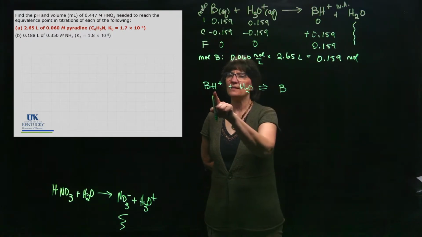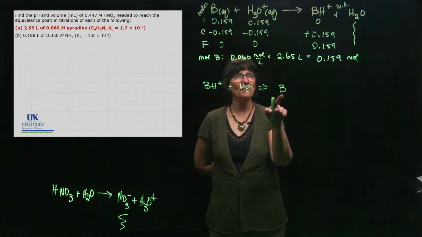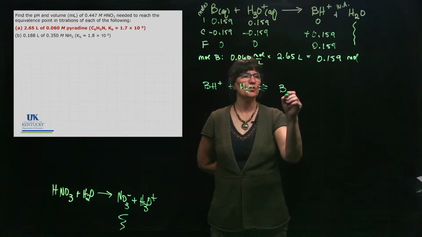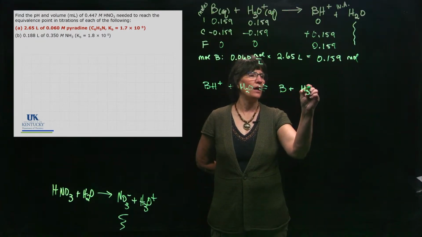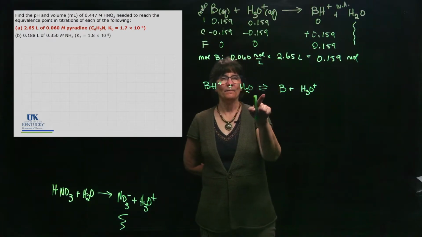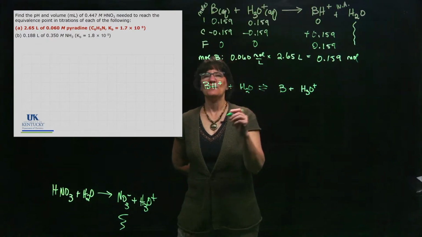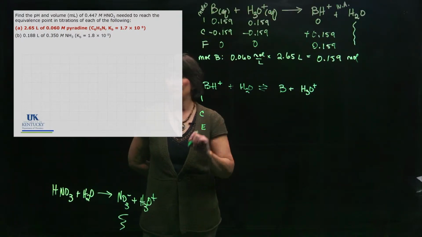If the acid donates an H+ to the water, we're back to just having some B. So we've reformed some of this B that we had completely consumed earlier, and the H2O becomes H3O+. That's what acids do. And if they're weak, they do it with an equilibrium. If it's an equilibrium, then we do an ICE table, right?